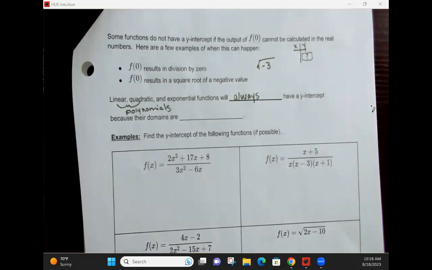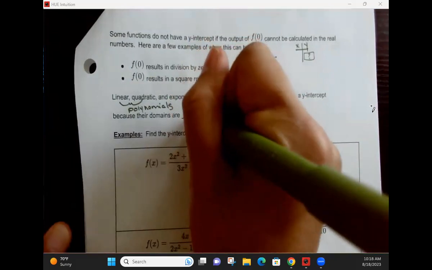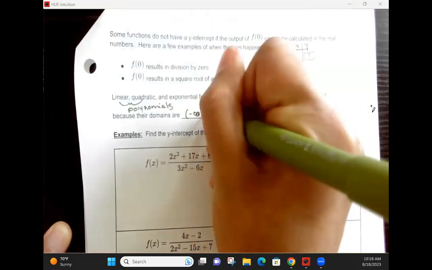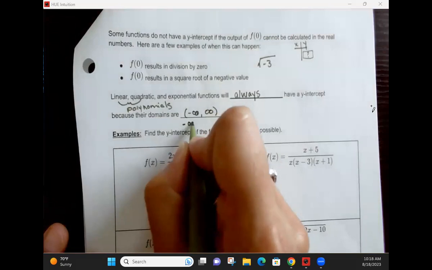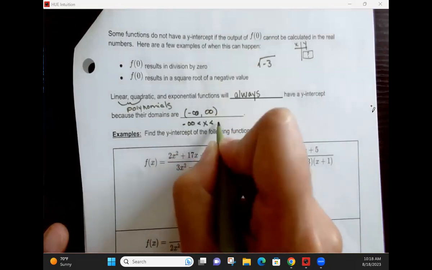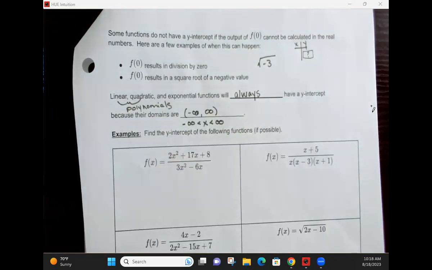Their inputs can be anything from negative infinity to positive infinity. Or if we write the other notation, we talked about both the other day, their domains are all real numbers. Okay? 0 is a real number, so it can be part of the domain. That means it's going to have a y-intercept. It means we can plug in 0 and get a real number out.